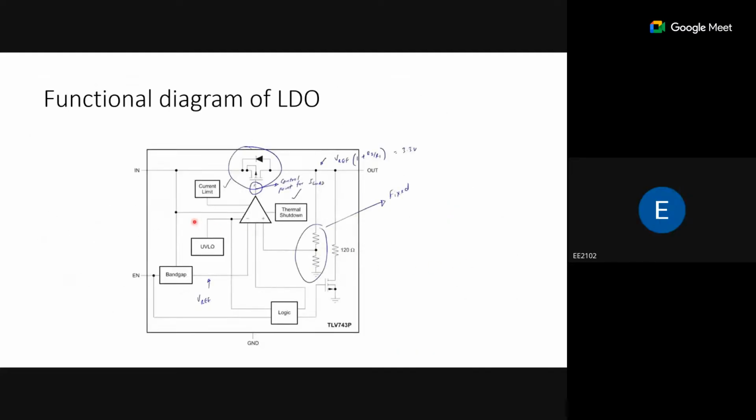Okay, so in the specification sheet this was the LDO given, the same thing I have explained, just shown vertically, whereas I had shown it horizontally. There is a band gap filter, and you have the operational amplifier.